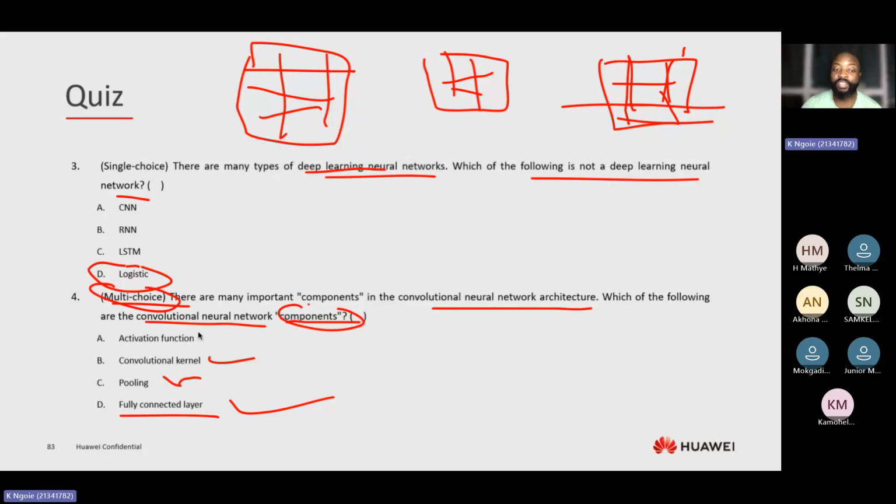So in a CNN, we're going to have activation functions, convolutional kernels, a pooling layer, and a fully connected layer. For the type of activation function, for example, if you're dealing with multi-class, you can use things like the softmax function.